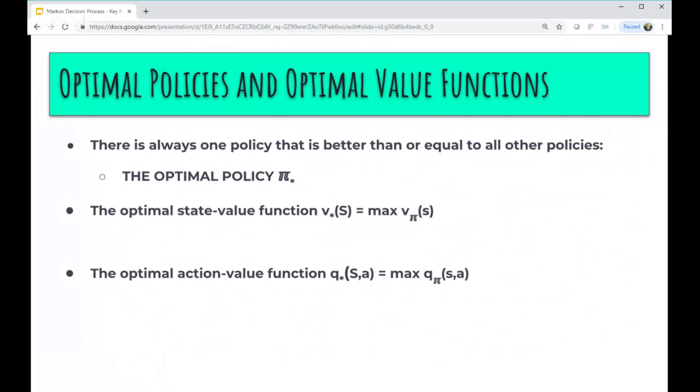The optimal state value function is V sub star of S, and it's the maximum return you could get from being in state S. The optimal action value function Q star of S, A is the maximum of all the Q values you could get for following any particular policy, and the optimal policy is the one that would give you the best return.